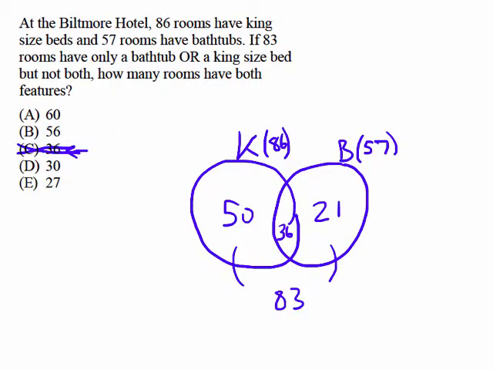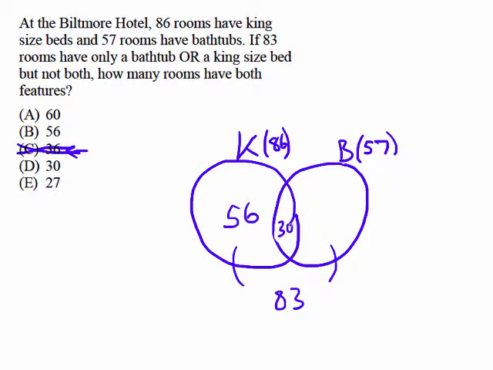So what I'm going to do now is do a little bit of erasing, and then we're going to try another choice. Right, now we're going to see what happens if we do 30. If there are 30 hotel rooms here in the middle in the overlap, then that means there are 56 rooms that have only king-size beds, right?